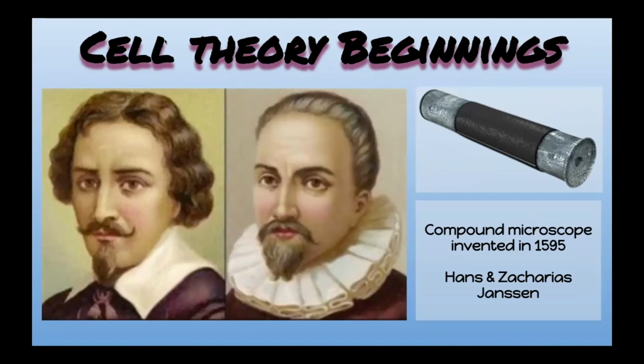These two were spectacle makers, so they made eyeglasses, and they realized that if they put one curved lens at the end of a tube and then another curved lens at the other end of the tube, they were able to see things much smaller. So that is the first compound microscope. We still use compound microscopes today, but they look a little different.